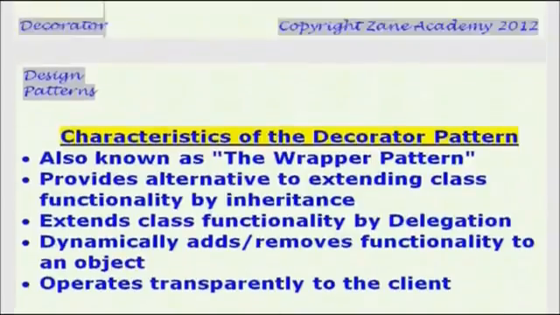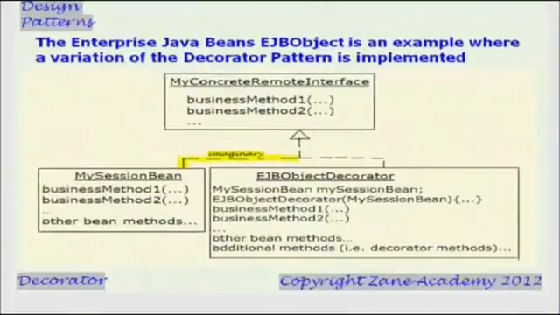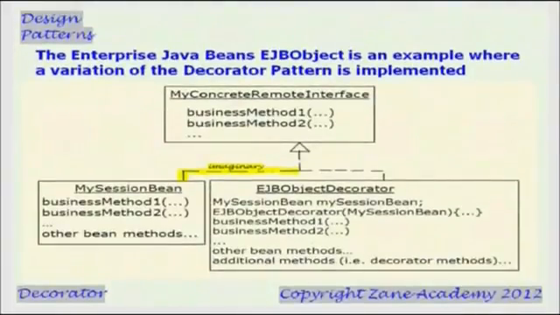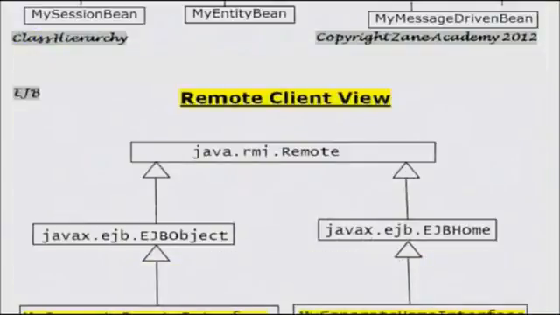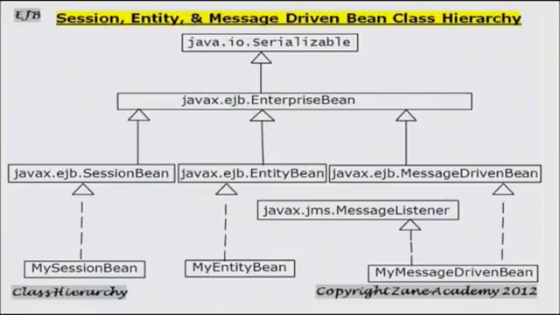Okay, let's go ahead and discuss the example. So in this example, what's my concrete remote interface and my session bean? Let's discuss those. Essentially, when we do EJBs, if it's a session bean, we have the bean that we create.